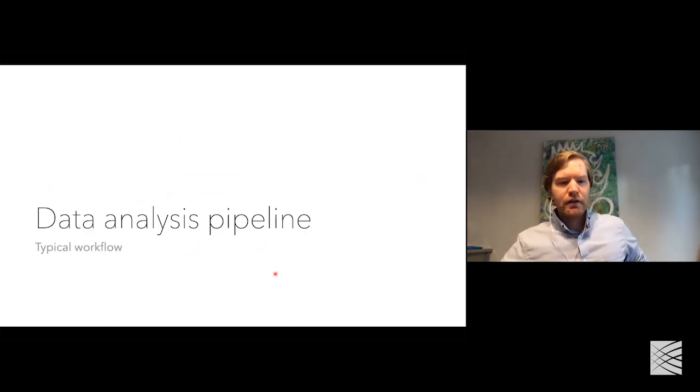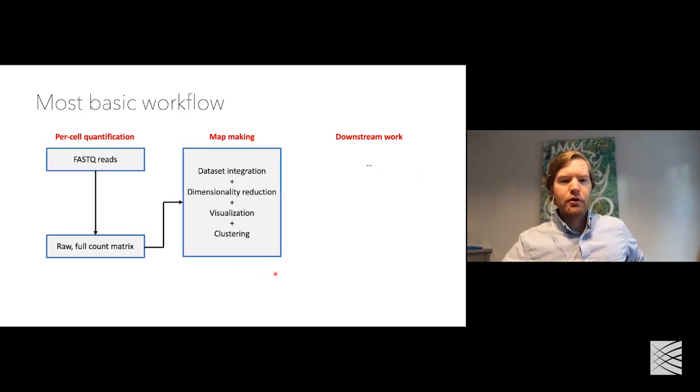So the data analysis pipeline, let me go over a typical workflow. And we'll just do this fast at first and revisit it. The most basic workflow is that you start with some reads in a FASTQ file, say, that come off of the sequencer, a big list of reads. You condense these into what's called a count matrix.